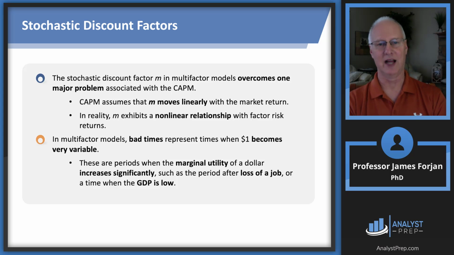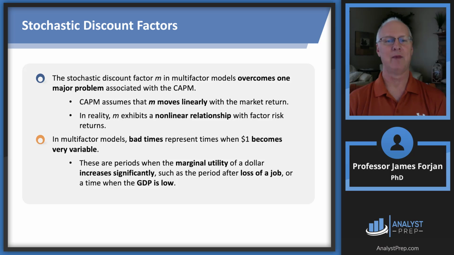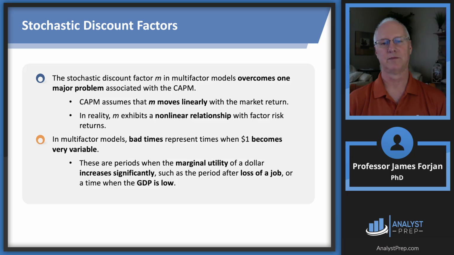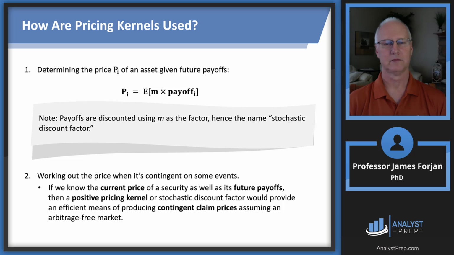That means it's a line. But in reality, M exhibits a non-linear relationship with those factor risk returns. So remember what I said, you're going to move away from the market portfolio. You may move linearly, but you're probably not going to, because the relationship between interest rates and the returns on your portfolio or an individual stock is probably not going to be linear.